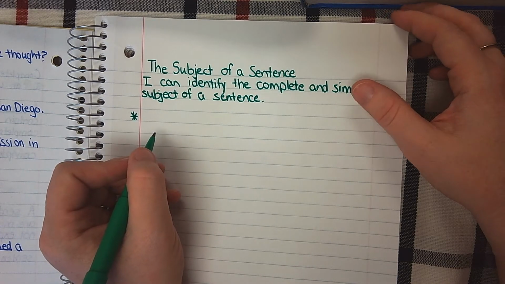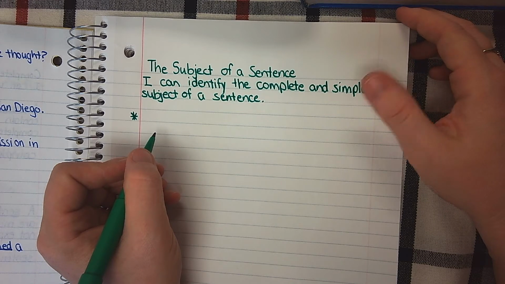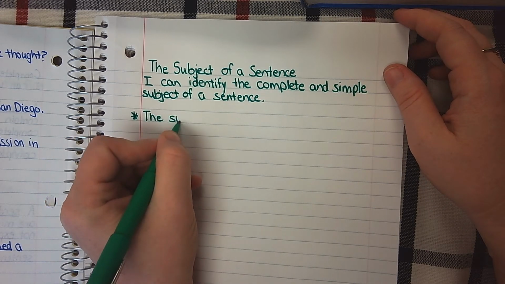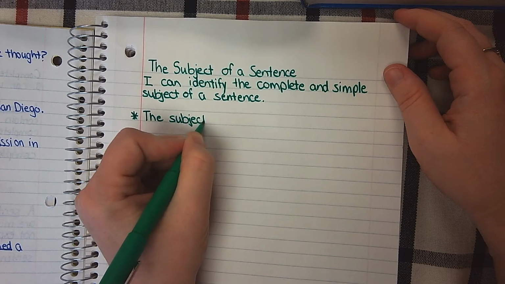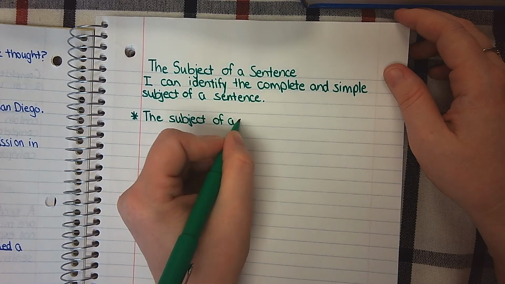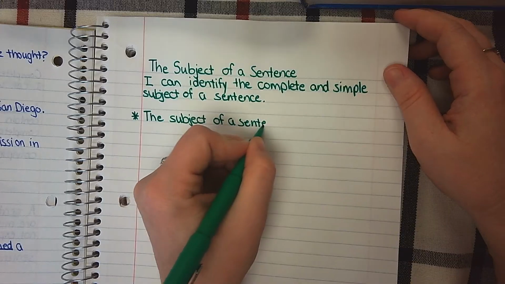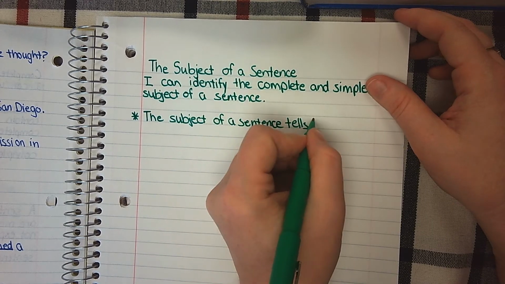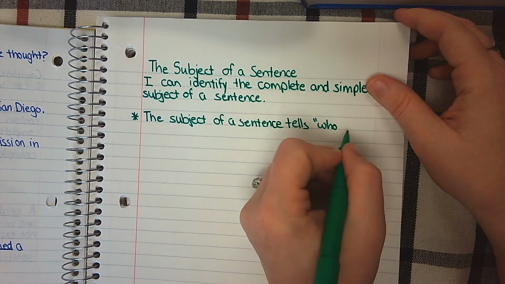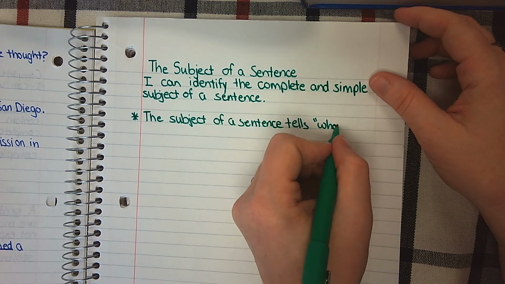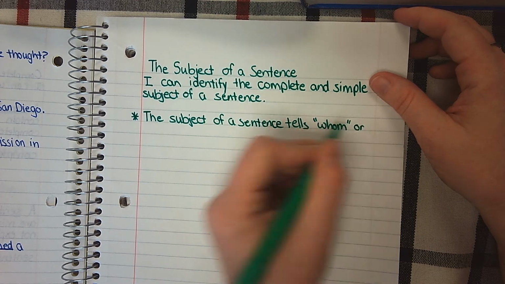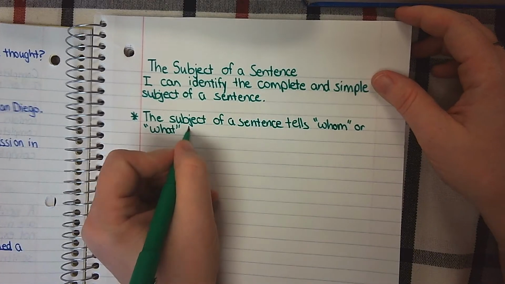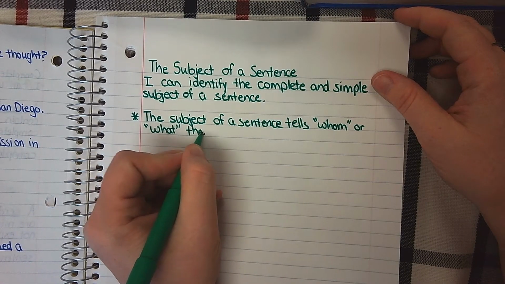When we're looking at the subject, we're looking for whom or what the sentence is about. The subject of a sentence tells whom or what the sentence is about.